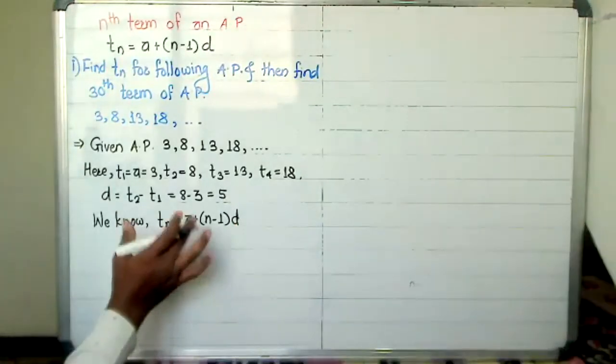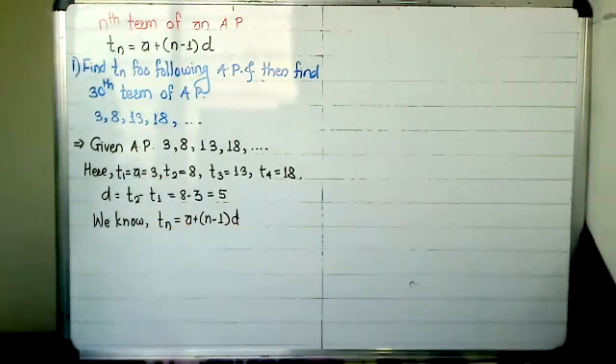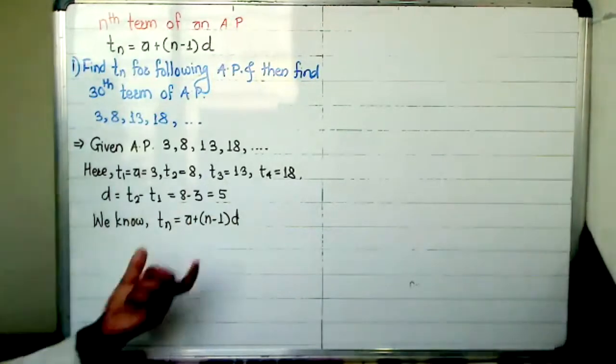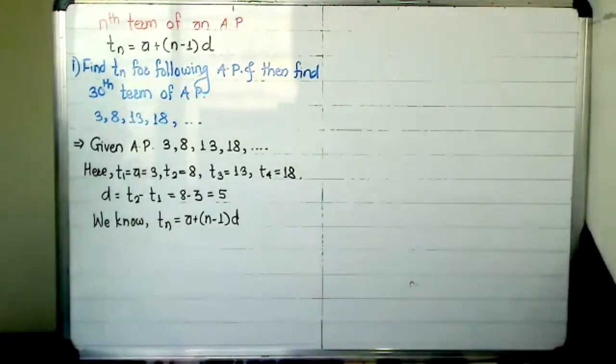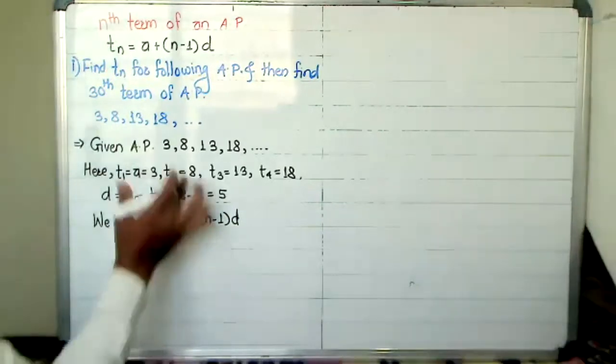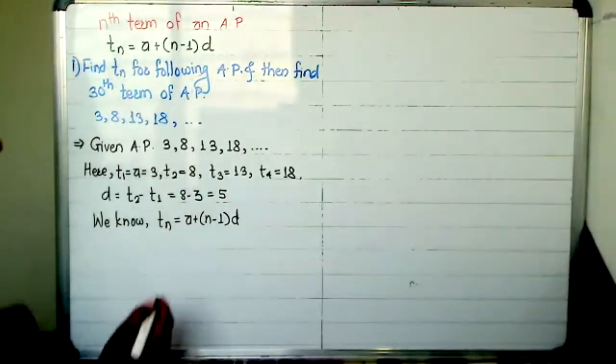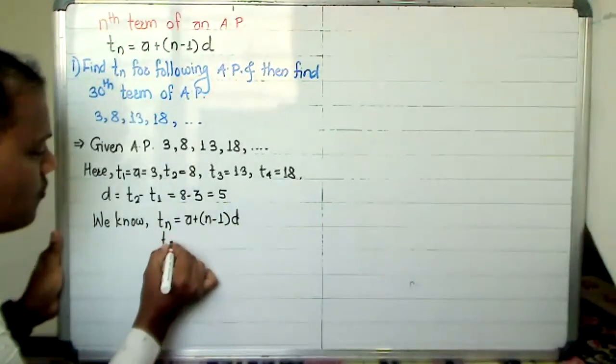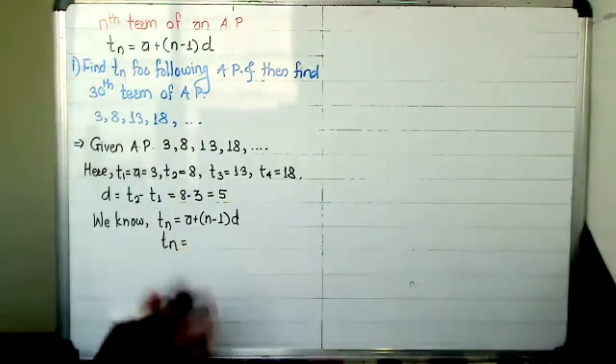After substituting, we will get a particular formula to find the nth term of the given AP, a specific formula to find any term of that AP.